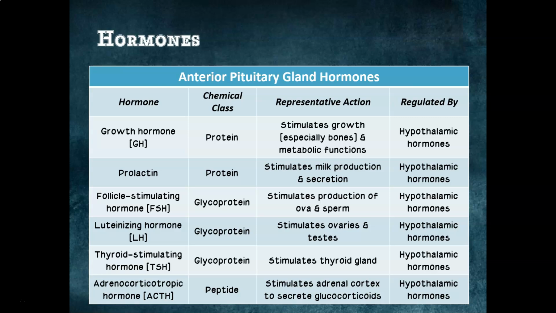Your thyroid stimulating hormone, or TSH, stimulates specifically your thyroid gland and the hormones that gland will then produce. And then you also have your adrenocorticotropic hormone, or ACTH. And this one works specifically in your adrenal cortex to secrete glucocorticoids.